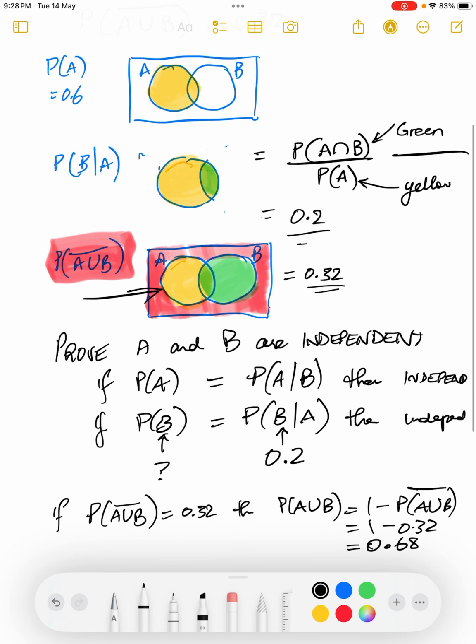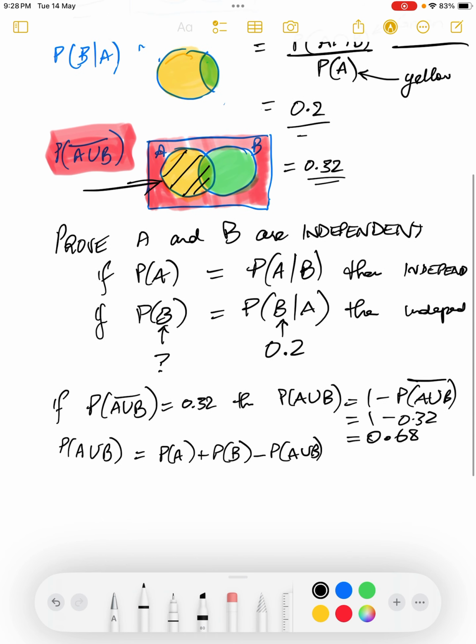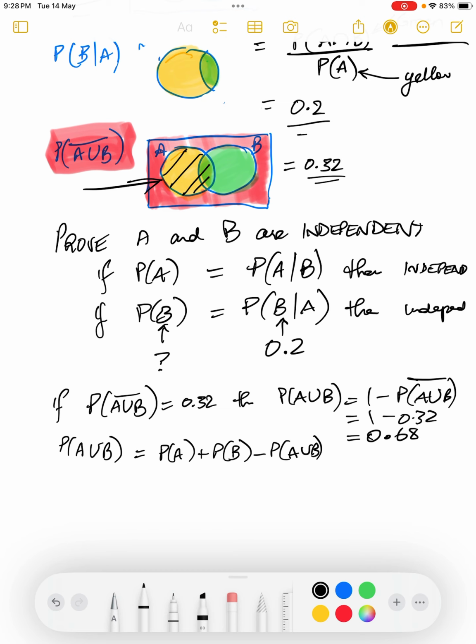Now the yellow part is 0.6. That means the probability of A union B equals the probability of A plus the probability of B minus the probability of A intersect B. The probability of A is 0.6, and the probability of A union B is 0.68.